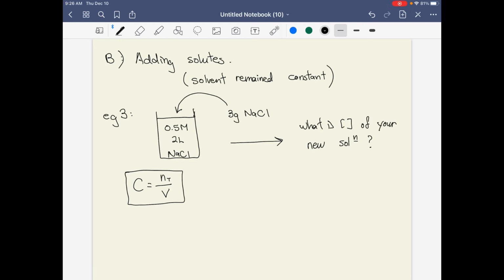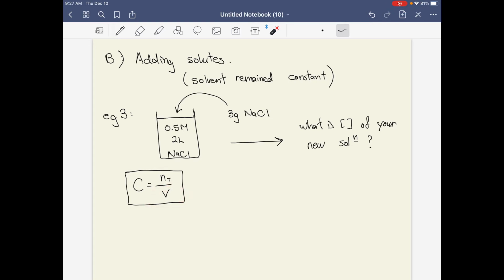What do you think that means? It's very simple. You want to know how much mole is in here originally. So you have 2 liters of 0.5 molar of NaCl. How much mole is in here? Then you're going to add how much mole is 3 grams. And you're going to divide that by the volume.